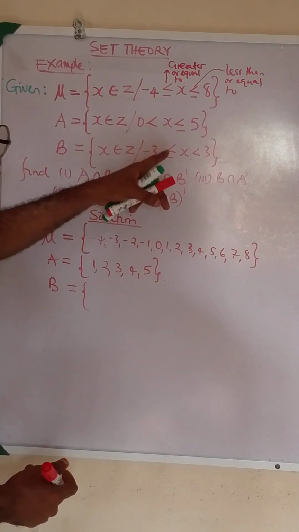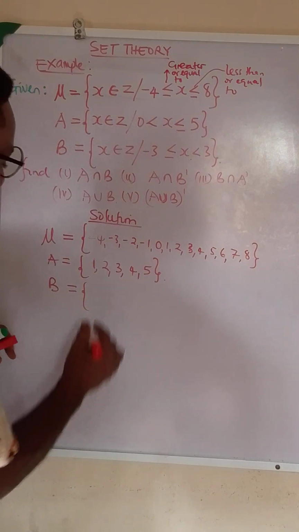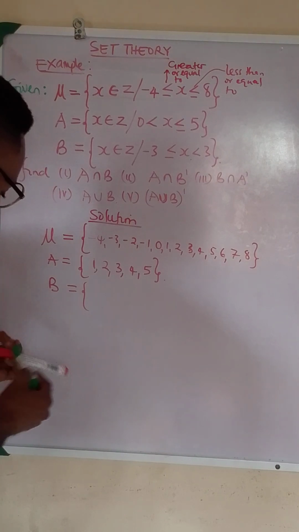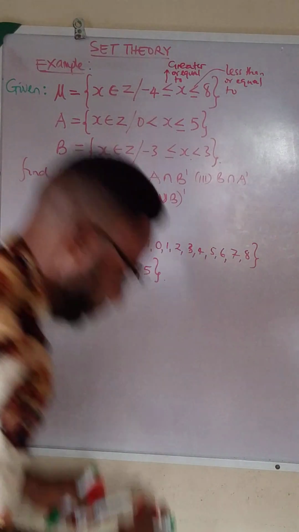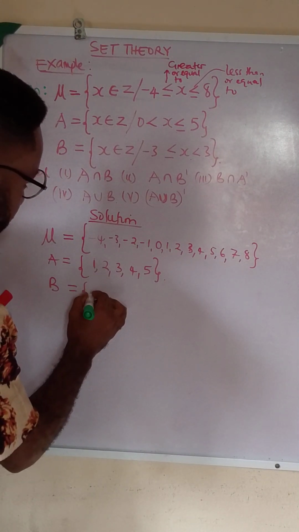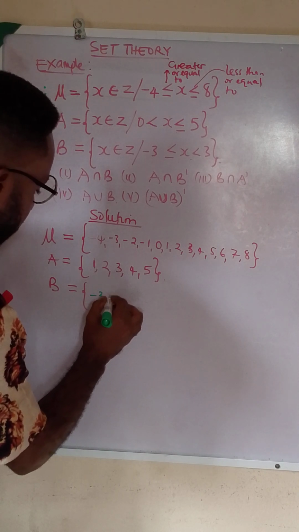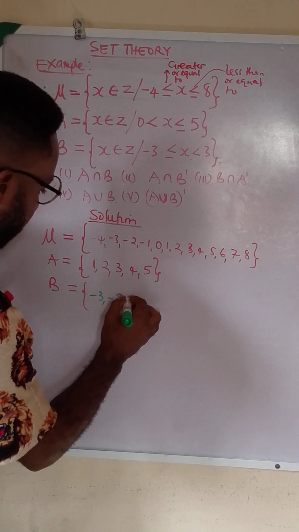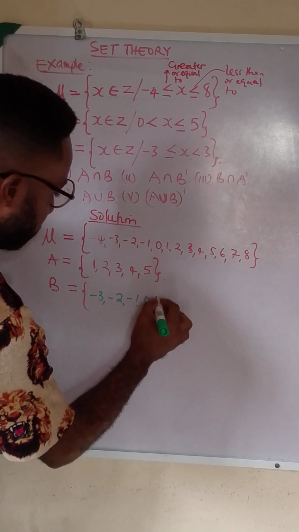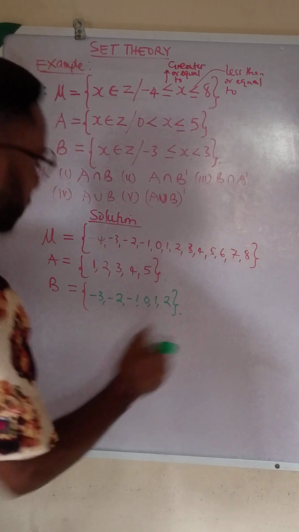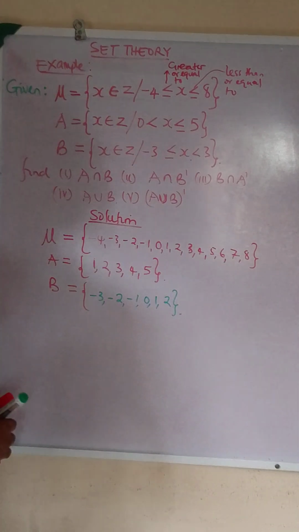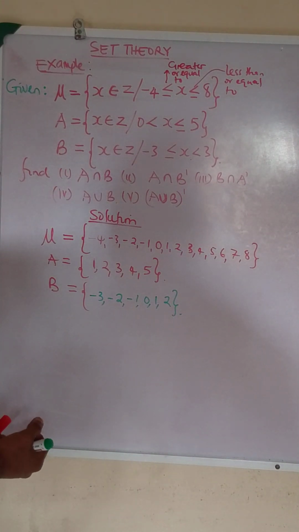But X is greater than or equal to -3, so we start from -3, comma, -2, comma, -1, 0, and this one is less than 3, so we have 1, comma, 2. So that will be all for our interpretation of the set builder method of representing set.